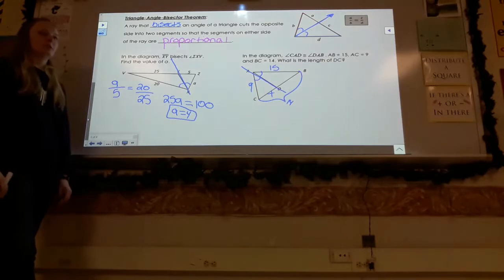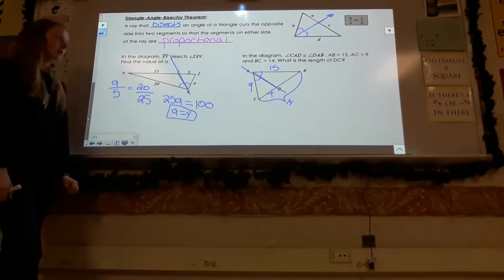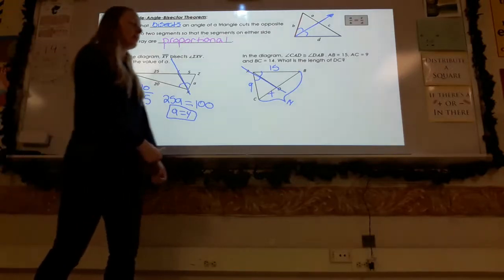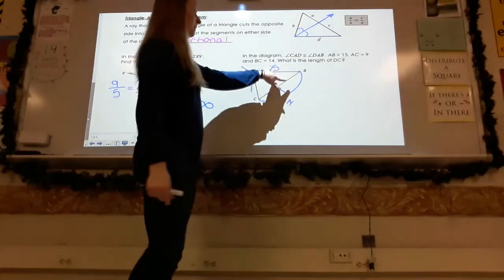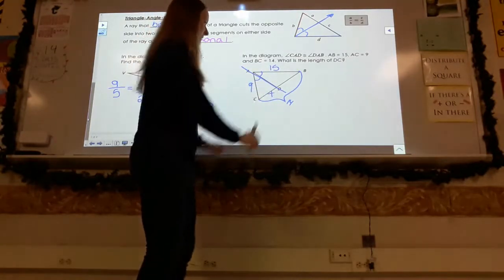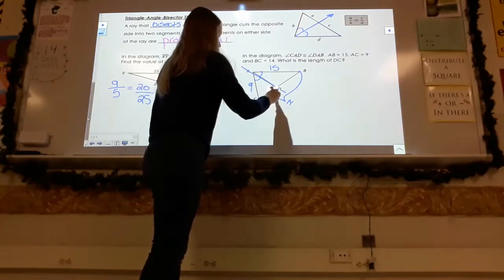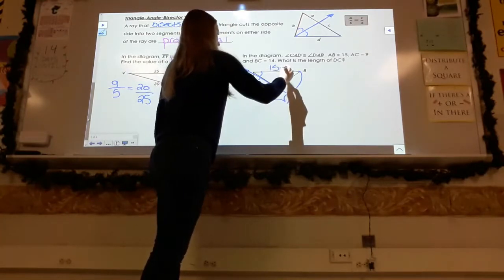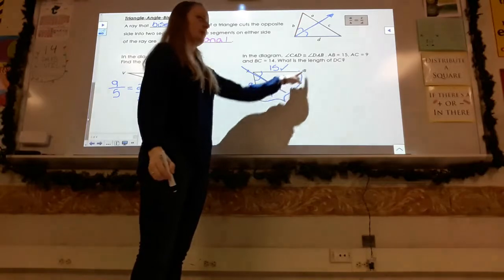So this one's a little bit different. They haven't given us the information we need as straightforwardly as in the previous one. In order to do the triangle angle bisector theorem, don't you need to know both of these two and both of these two? Well, I have this one, check. I have this one, check. I have this one, check. Do I know this part right here, BD?